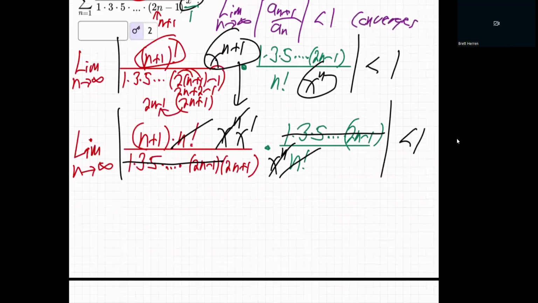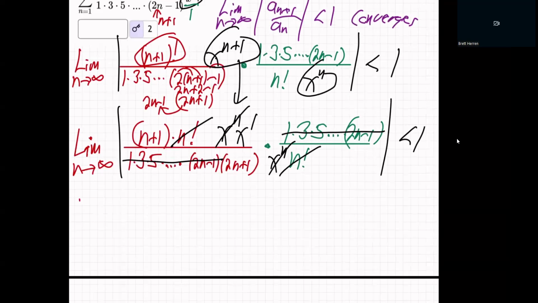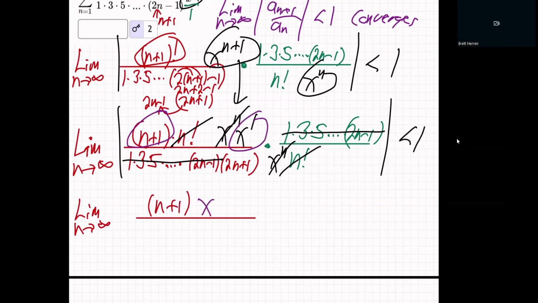So now we have the limit as n goes to infinity. What is left? We have n plus 1 on the top. I like to circle or cross out everything so I don't miss any terms. n plus 1, x. What's on the bottom? 2n plus 1. And that's it.